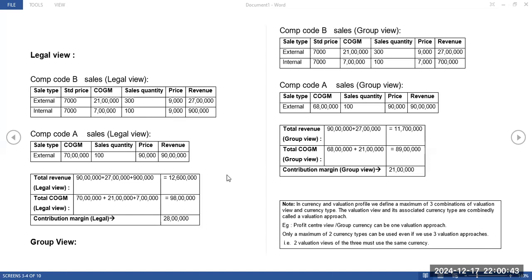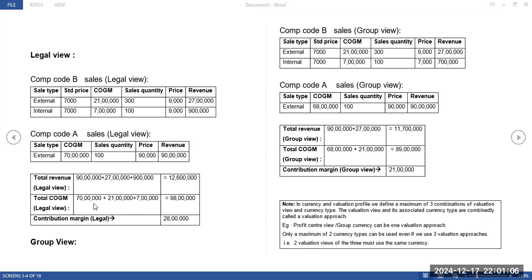This is the breakup. Total revenue in the legal view is 9 million plus 2.7 million plus 900,000 for internal sales, which is 12.6 million.